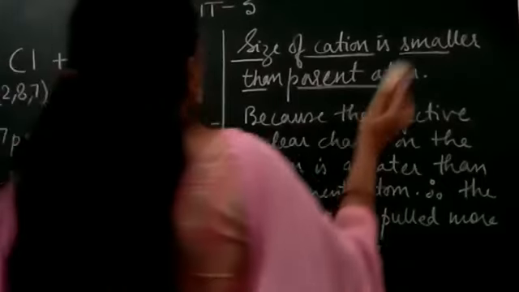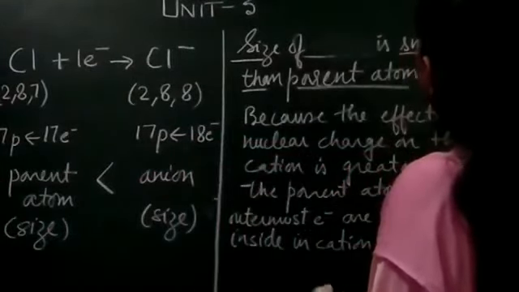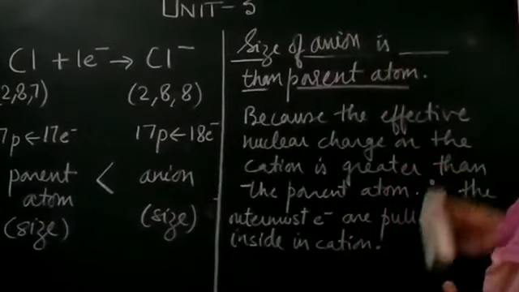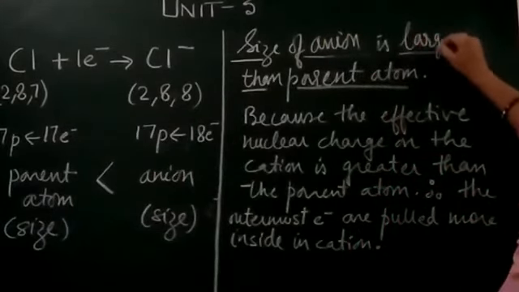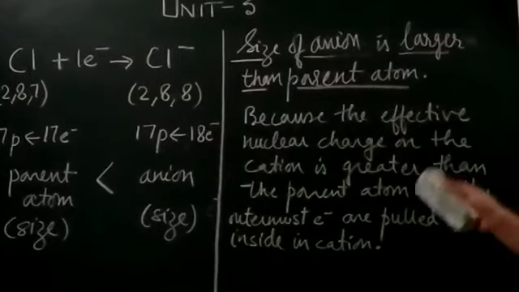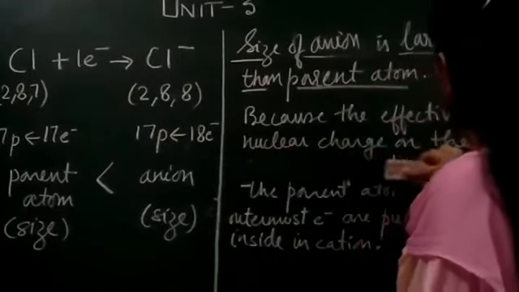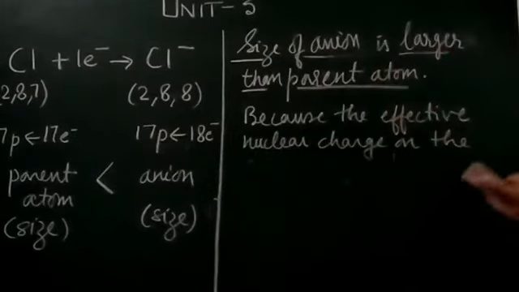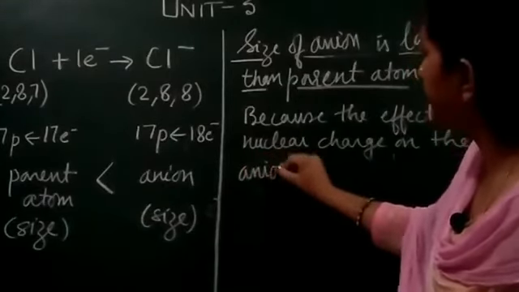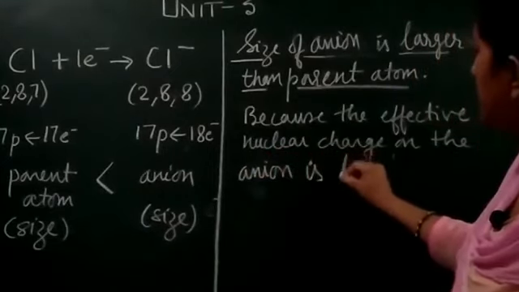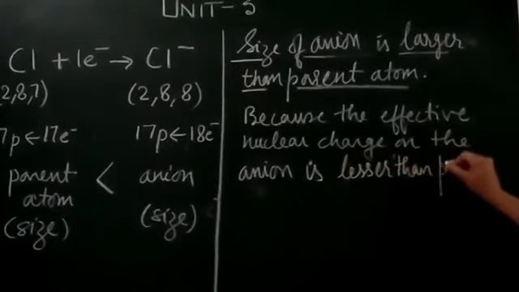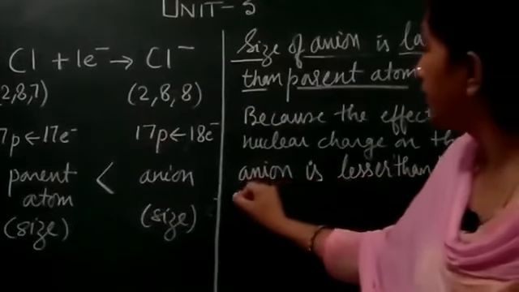So we can write here that the size of anion is larger than the parent atom. Why? Because the effective nuclear charge on the anion is lesser than the parent atom.